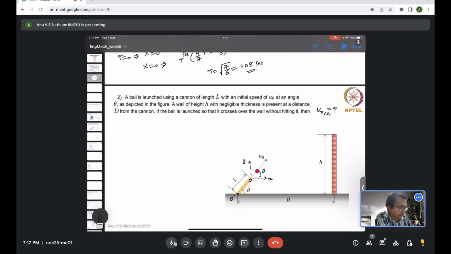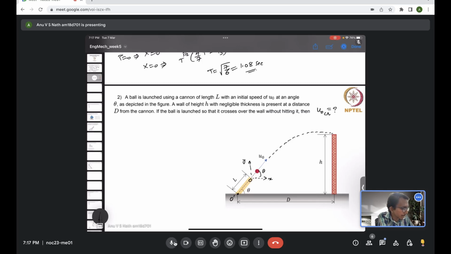Now our assumption is that it is ejected with such a velocity that while it reaches the location of the wall, it will just pass through its top, or it will be higher. I mean, we need the minimum velocity so that it will just pass through the top of the wall without hitting it.